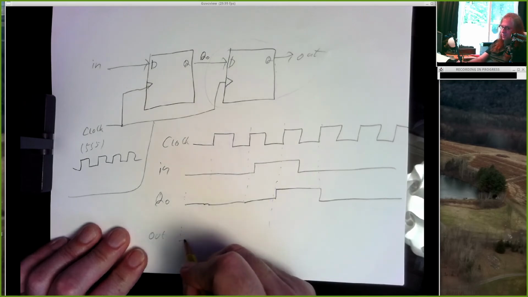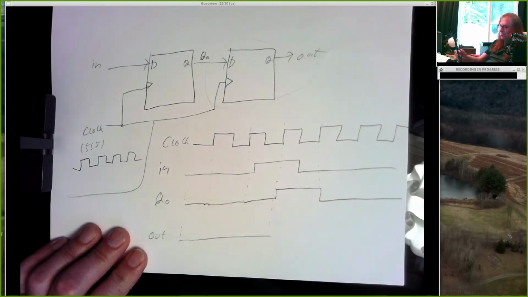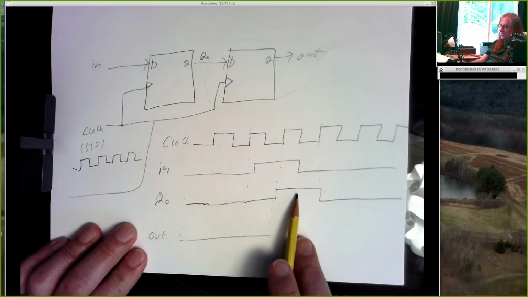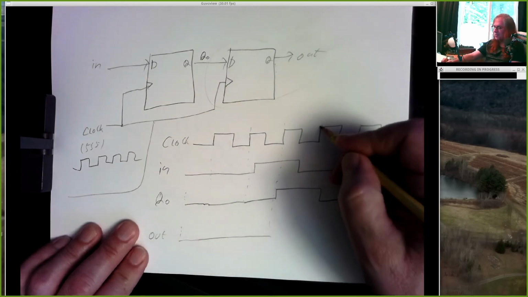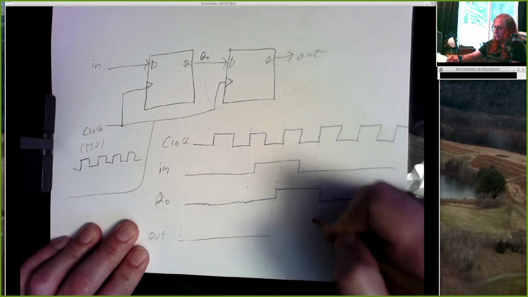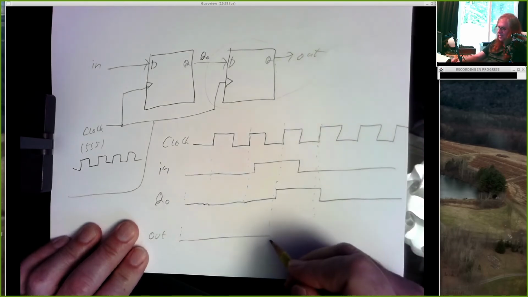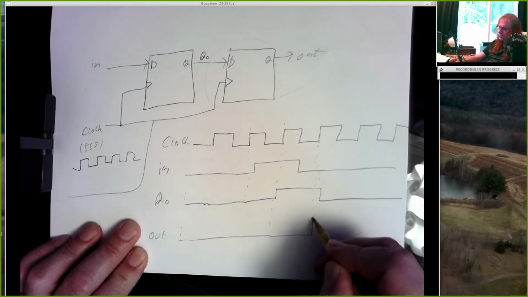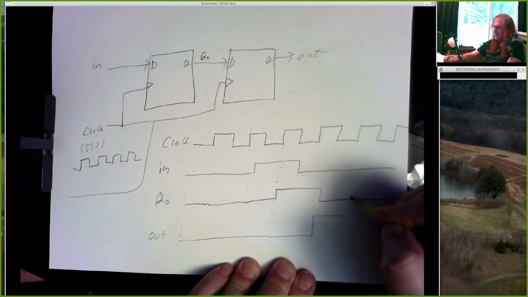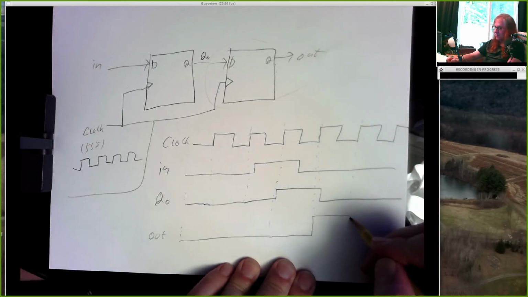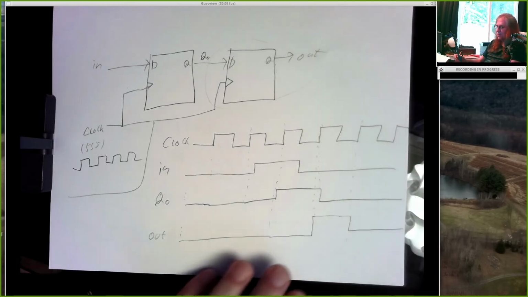So let's suppose this starts off low, and nothing's going to happen until its input is high. But once its input is high, at the next rising edge of the clock, that's when the input will get copied to the output. And then on the next rising edge, that's when the output will drop.